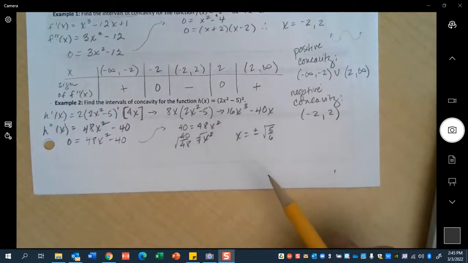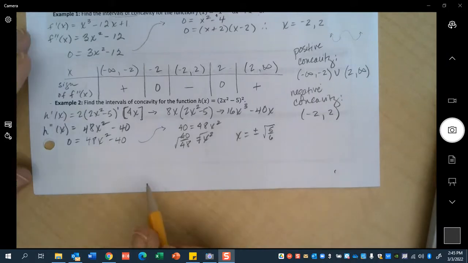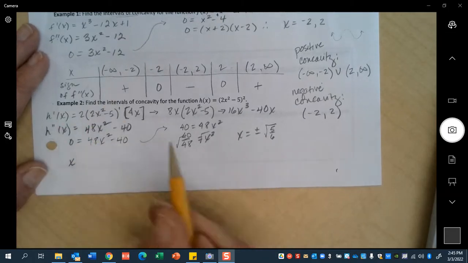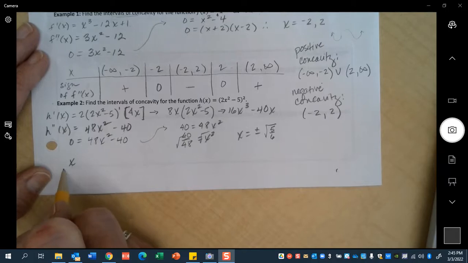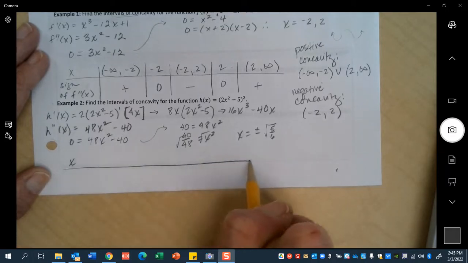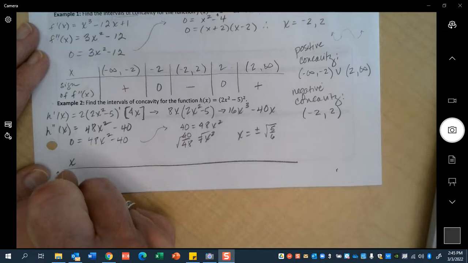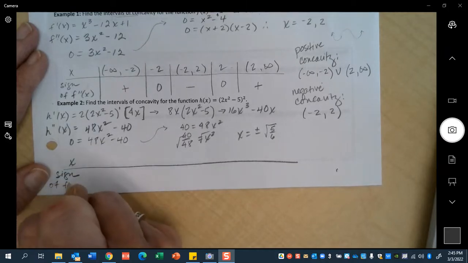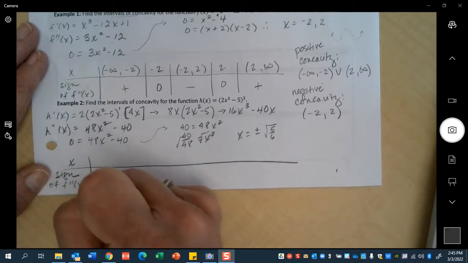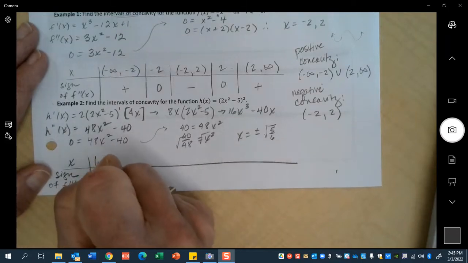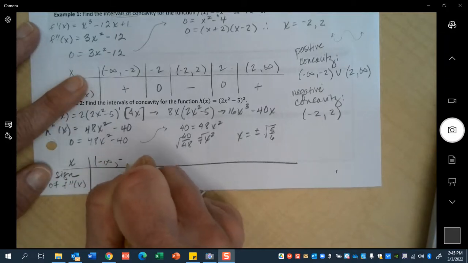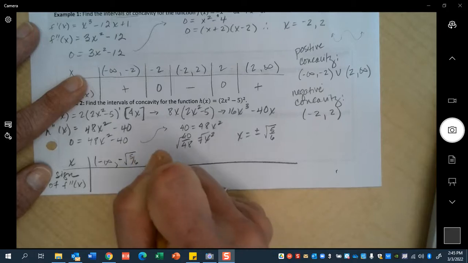Now, here's what I know. I know that that's not in simplified radical form, but at the end of the day, that really doesn't matter because that's not my final answer. What it gives me is points to check on my intervals. So looking at x and the sign of f double prime of x, I'm going to talk about the interval of negative infinity up to the opposite of the square root of 5/6.